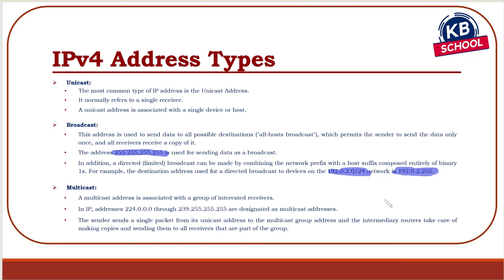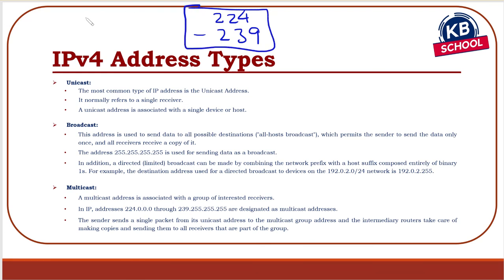The third one, which is not as common, is the multicast address. It's a special type of address dedicated for one-to-many communication, and the range starts from 224 in the first octet to 239. You need to recognize this as a multicast address.